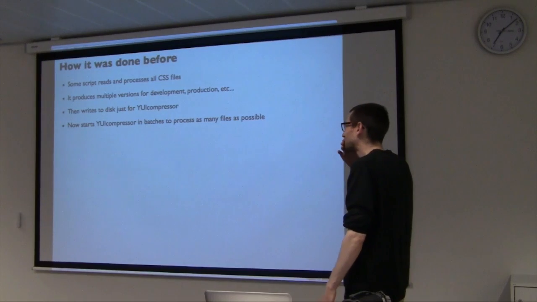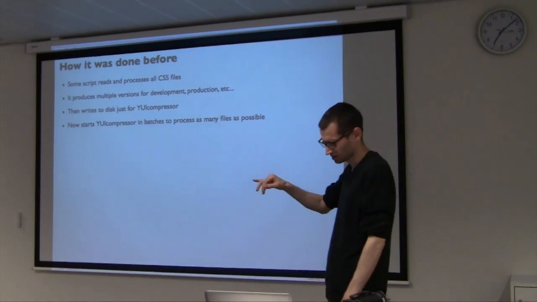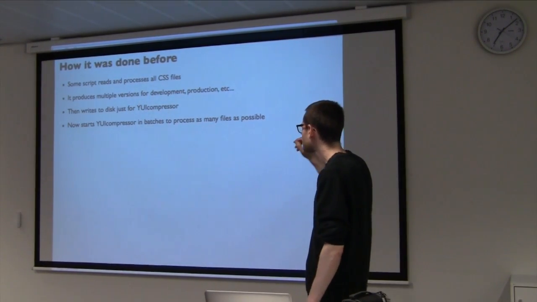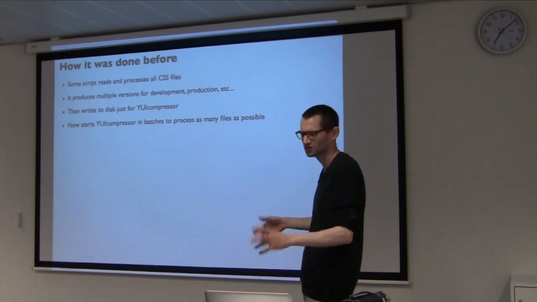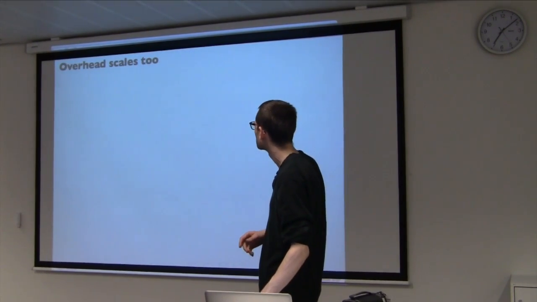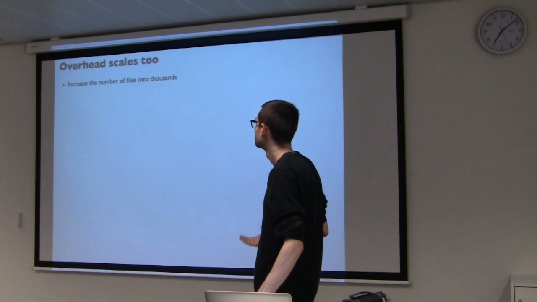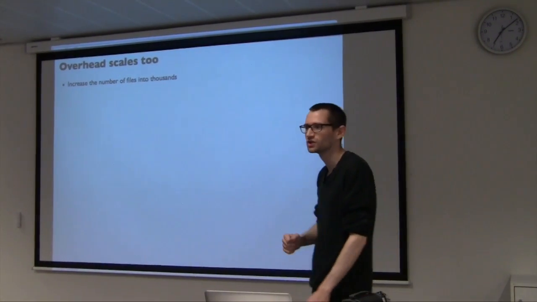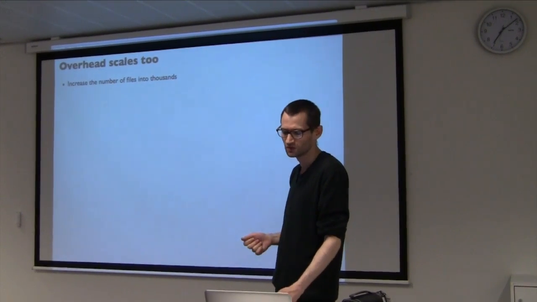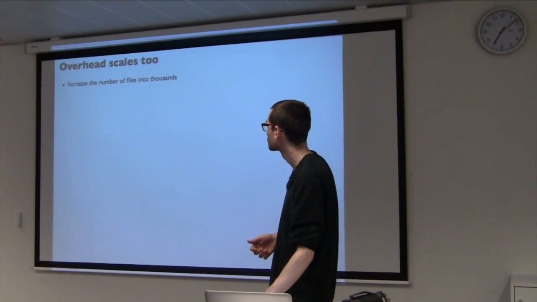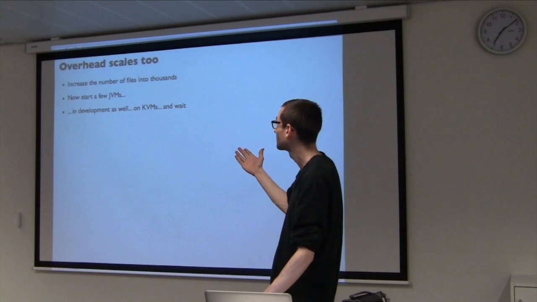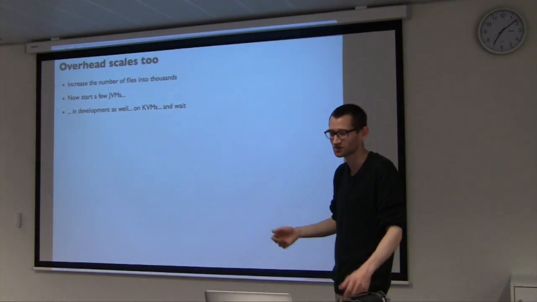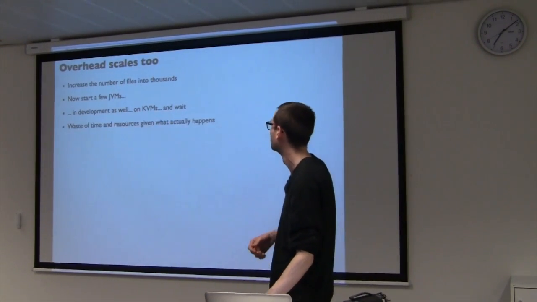We even had to patch YUI compressor so that it was able to take multiple files, so that was all very hacky. And it's overhead as well, so we're going to spawn so many JVMs that it's hard to get around. Especially on KVMs, it has a high impact and you end up being annoyed.